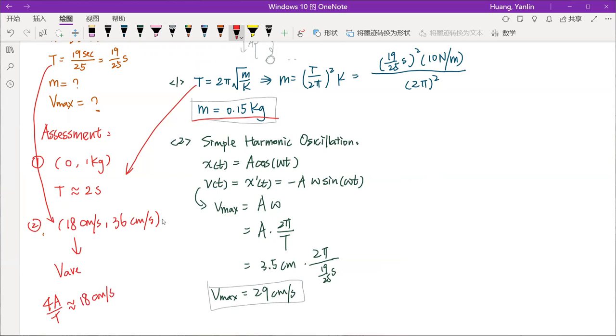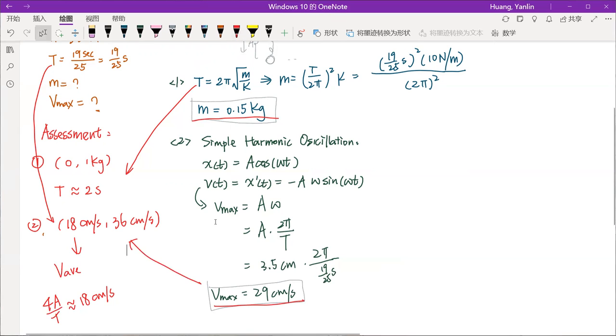So that's how I get the average speed. So I think the maximum speed has to be bigger than the average speed, but smaller than double the average speed. So it's reasonable to be 29 because it is within this range.